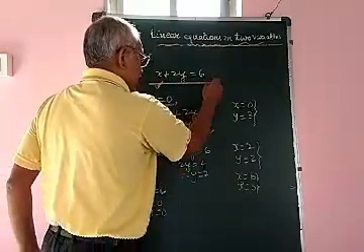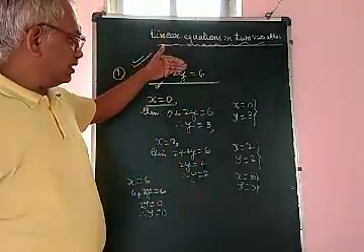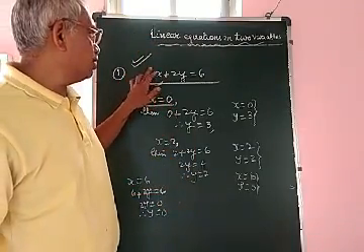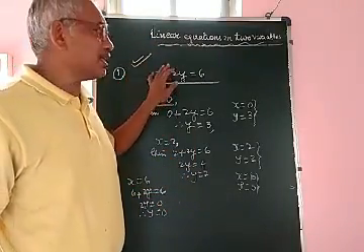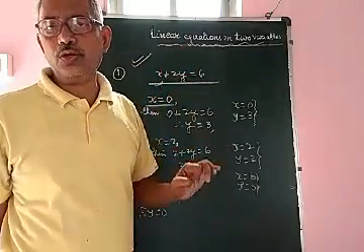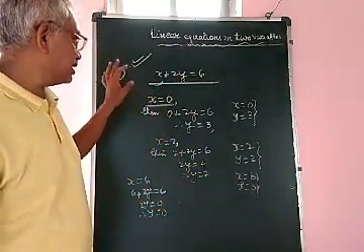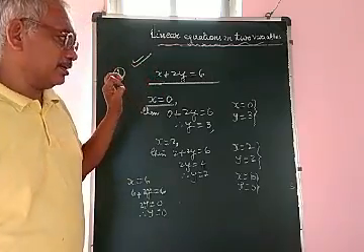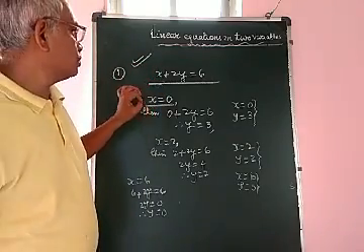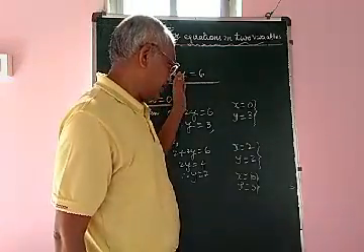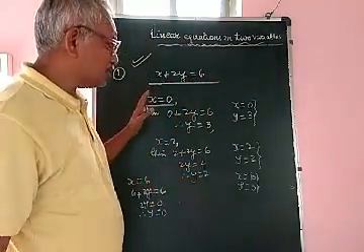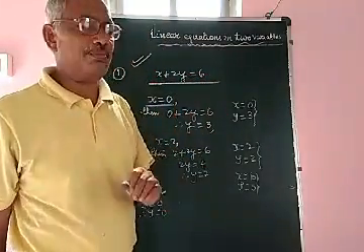So we can find other solutions by putting values of x in the equation and finding the corresponding values of y. And so we can find the solution of the given equation in this method. This is known as the algebraical method.